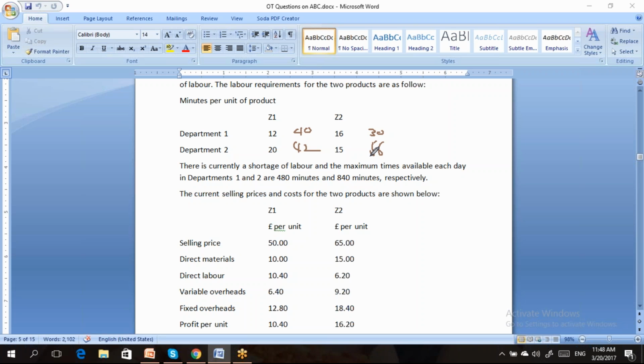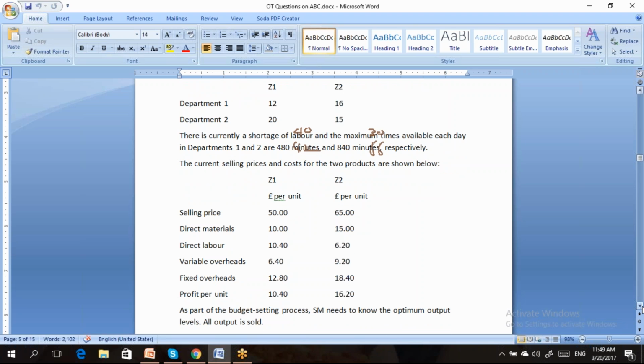Contribution is sales minus variable cost. How much contribution per unit? $50 is the selling price.